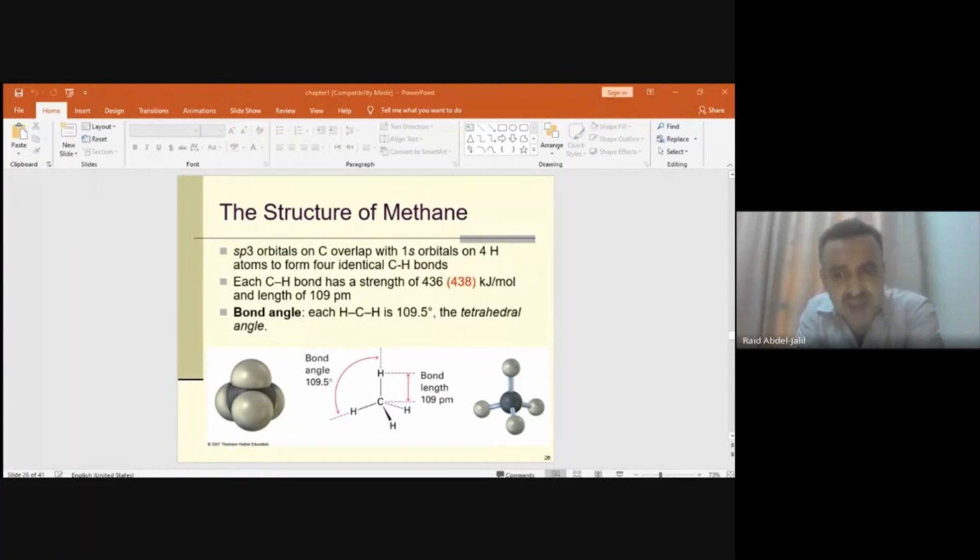Now, let's get back to our slide in here. As you can see here in this case, in the methane gas, every sp3 orbital on the carbon, remember we do have 4 sp3 orbitals.